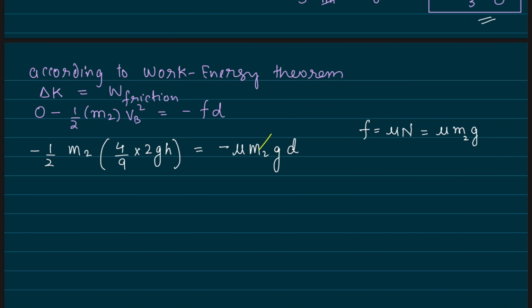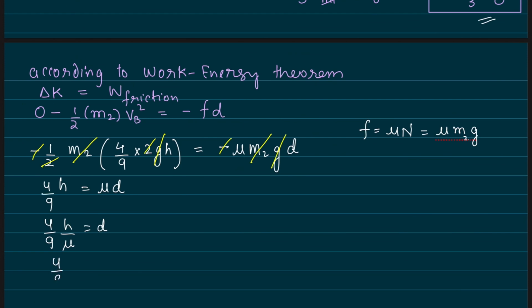So m2 term and m2 term will cancel, g term and g term will also cancel, 2 and 2 cancel, negative and negative cancel. Okay, so finally we are left with 4 by 9 h is equal to mu d. So 4 by 9 h by mu is equal to d.